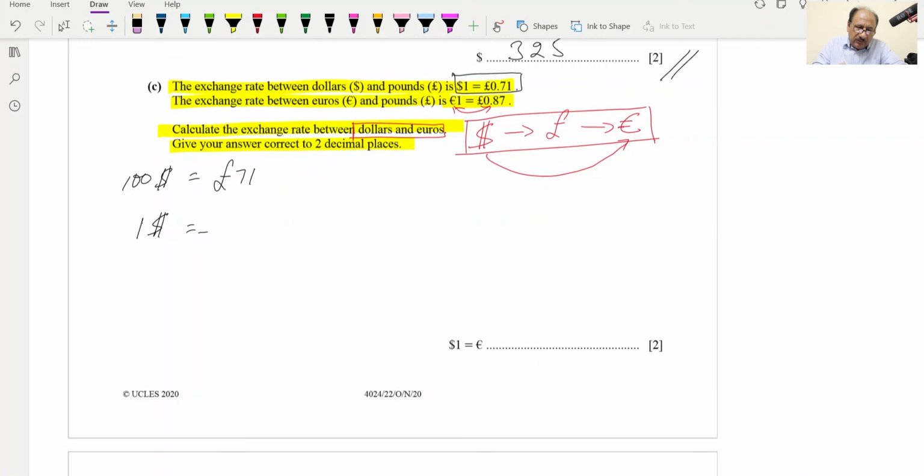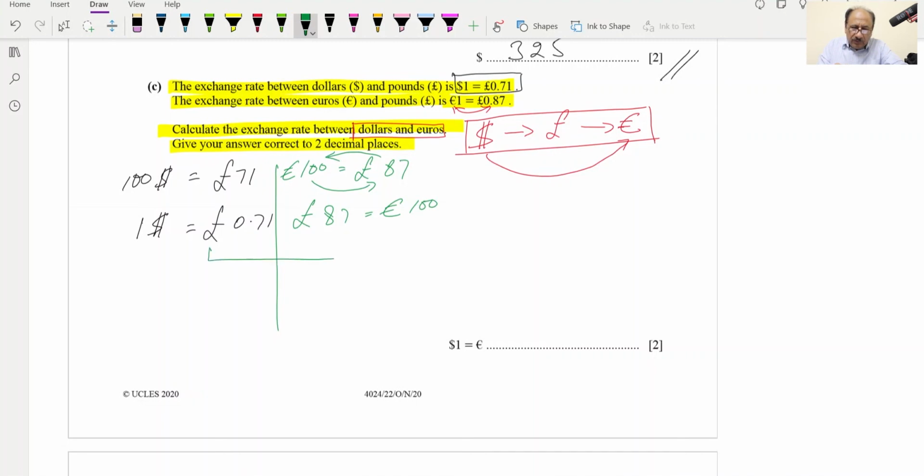This is the conversion which is provided to us. Now we check the other conversion, euro to pound. It is given that 100 euros gives 87 pounds. So I will swap them, and we get 87 pounds is equal to 100 euros.